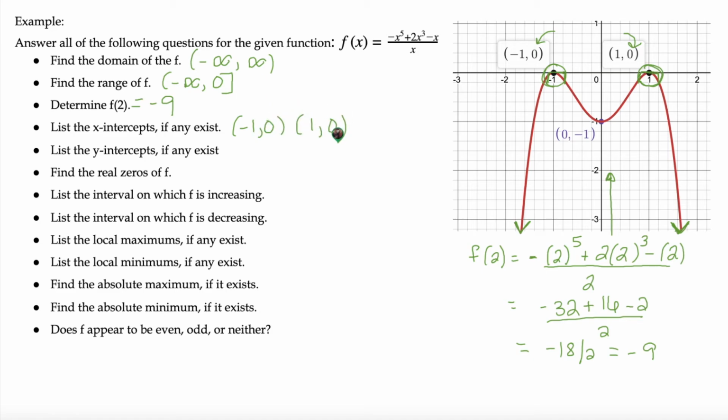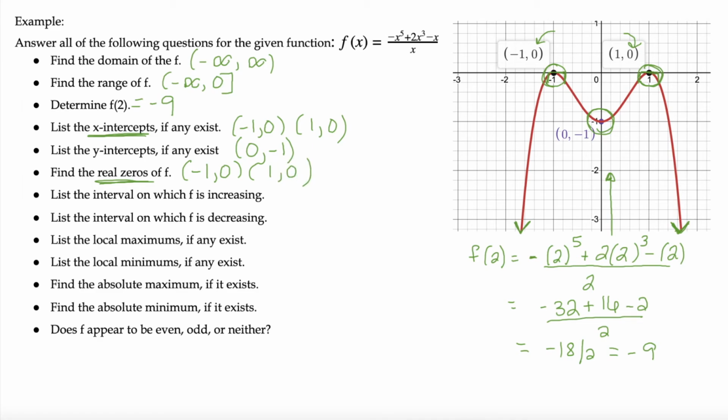Where does our graph cross the y-axis? The same is true here. Desmos allows us to click the graph and identify those important pieces. So 0, negative 1. Further, we know that x-intercepts and real zeros mean the same thing. So this is trying to trick us with vocabulary.